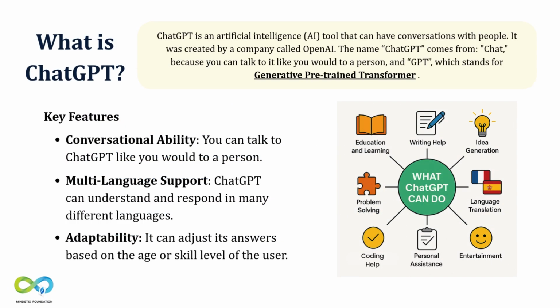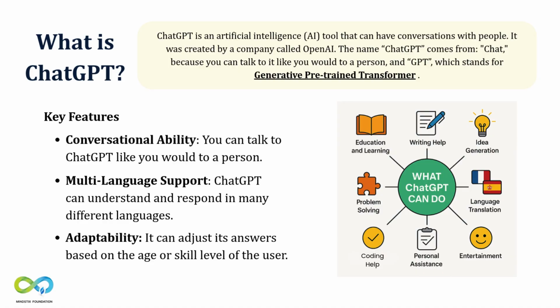ChatGPT is an artificial intelligence tool that allows you to have a conversation with a computer, similar to chatting with a knowledgeable person. It was created by a company called OpenAI, and its name combines the word chat, because it communicates through conversation, with GPT, which stands for Generative Pre-trained Transformer, a type of computer model trained to understand and respond to language.